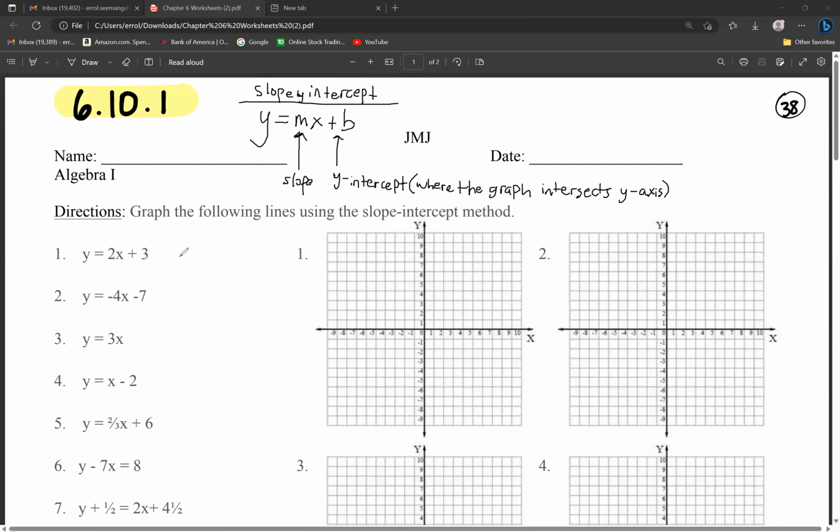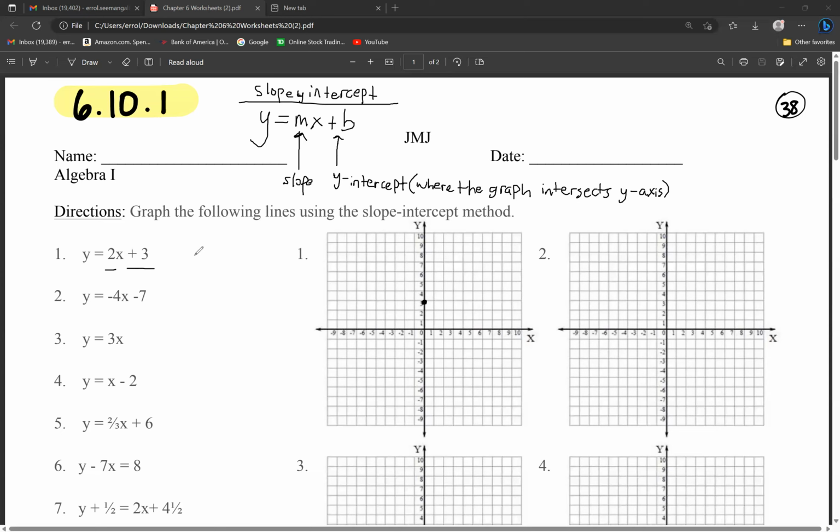So we know that the y-intercept is 3, right? So where do I draw my first dot? If the y-intercept is 0, 3, the first dot goes at 0, 3 right there, okay? So we always start with the y-intercept. Where's the second dot? We know the slope is 2. So from this first dot, what do we do?